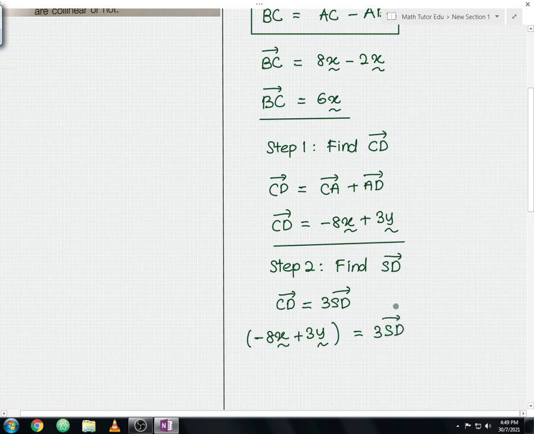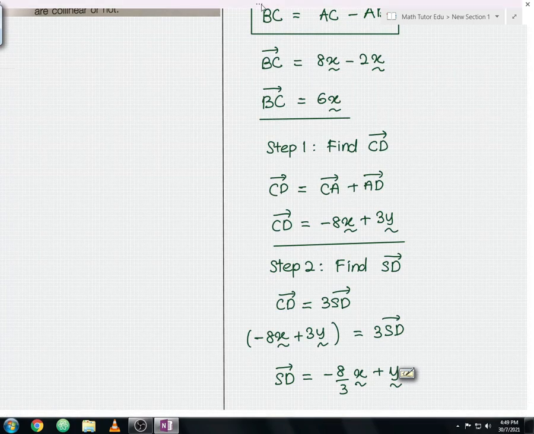To find the vector SD, you divide this vector by 3. So you should get vector SD equals negative 8 over 3 x plus y. Let me underline the vector SD now.